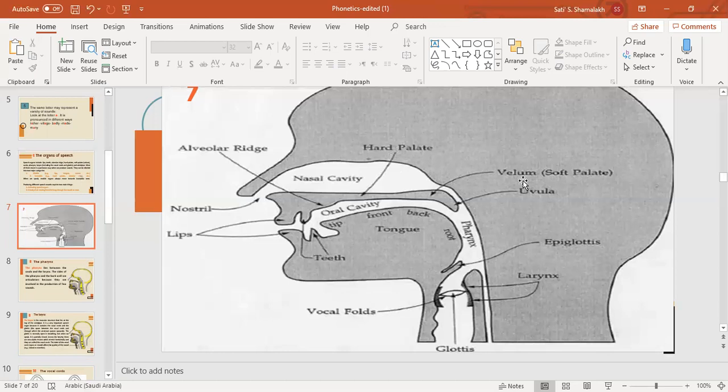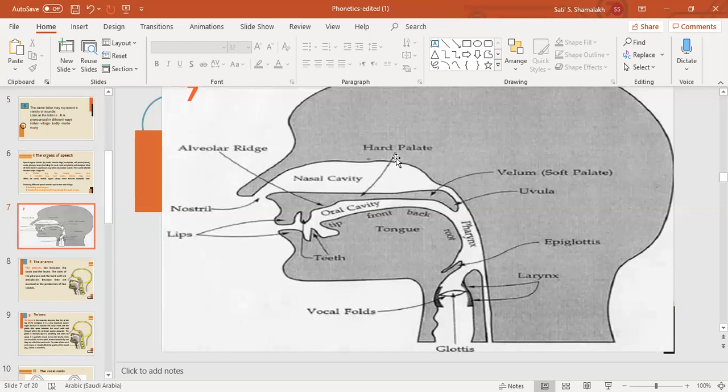If you put your finger in your mouth behind the teeth, we have the alveolar ridge, اللي هي اللثة أو حافة الأسنان. Behind the alveolar ridge, we have the hard palate. Put your finger on your hard palate. طب.